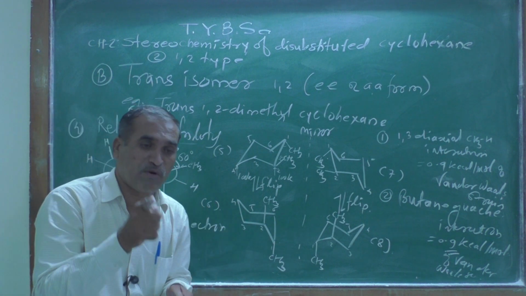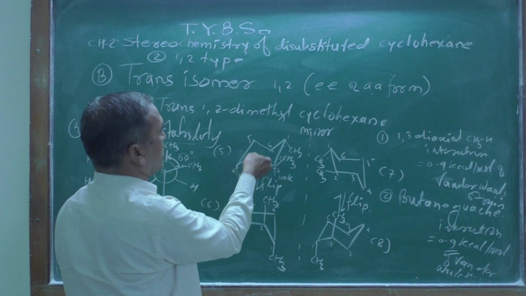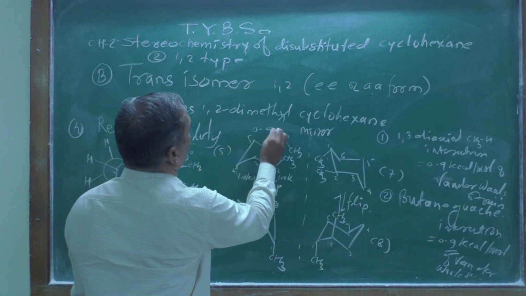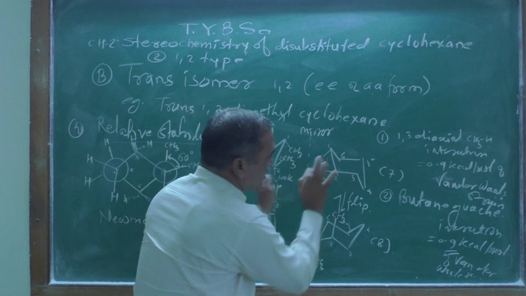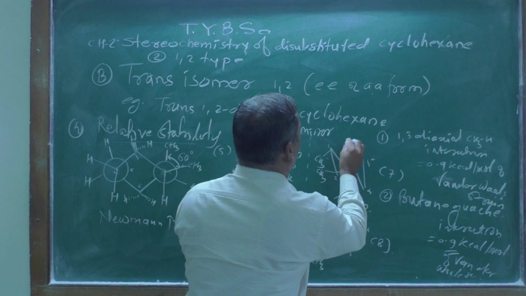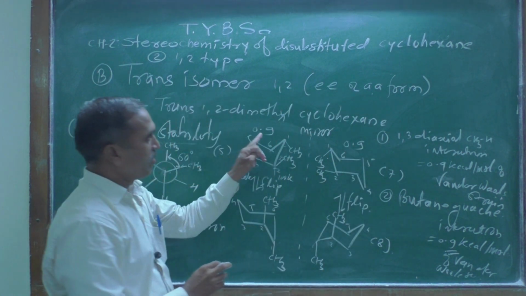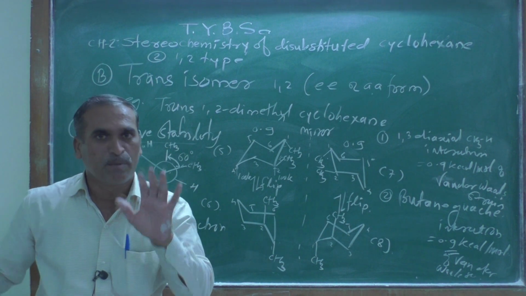This much energy is associated with it. Similarly, this compound and this compound are the same, therefore the reactivity of both is the same, right? This is also 0.9 kilocalorie per mole.